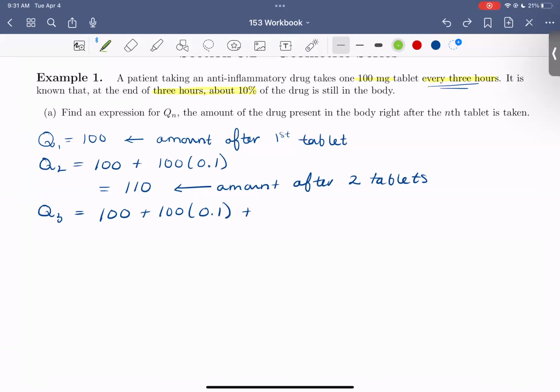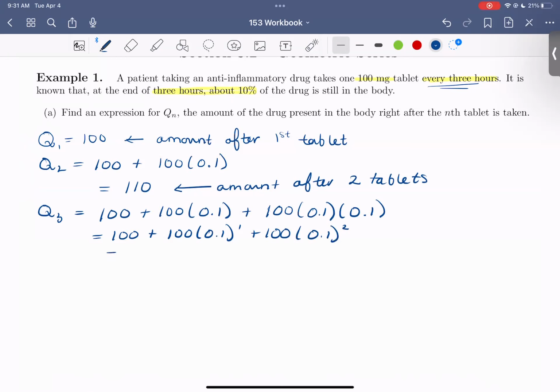So the effect of that first pill we took will be 100 times 10%, which was there 3 hours ago, but then times another 10%, because we only have 10% of that pill. So we can simplify this a bit and just write 100 plus 100 times 0.1 to the power of 1 plus 100 times 0.1 squared.